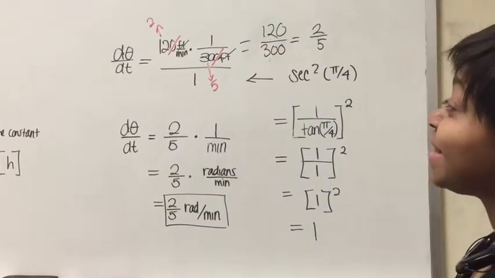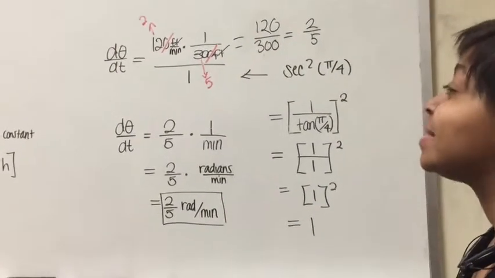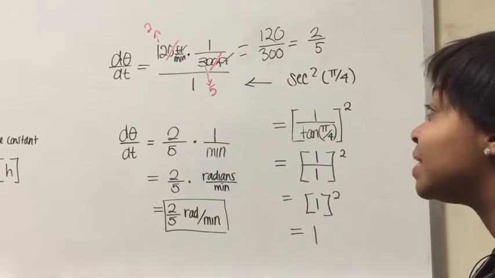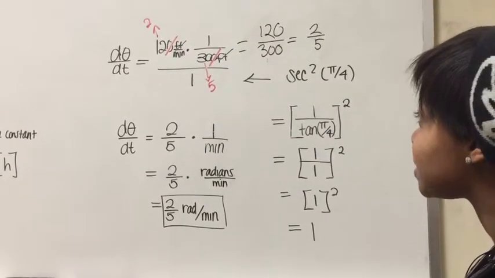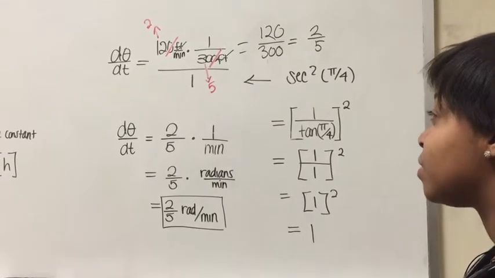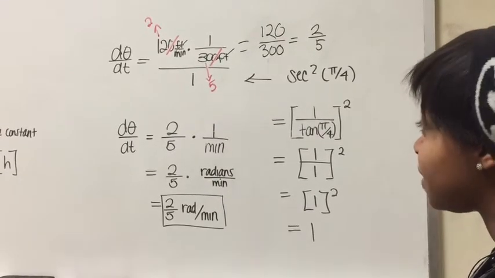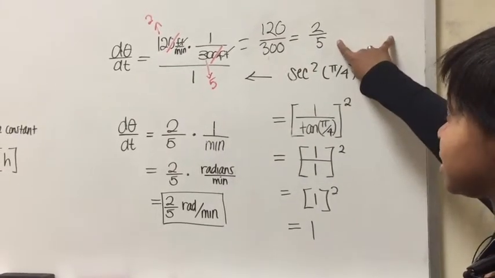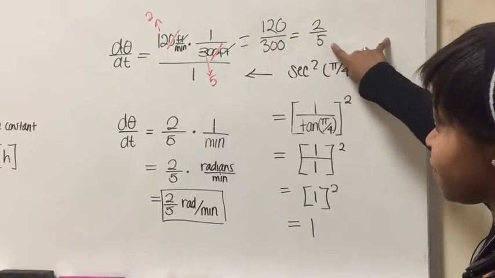Now that we plug everything in, we end up with d theta over dt equal to 120 feet per minute times 1 over 300 feet, over 1. We simplify the numerator, canceling out the feet, leaving us with minutes, and our numbers get simplified until we end up with 2 over 5.